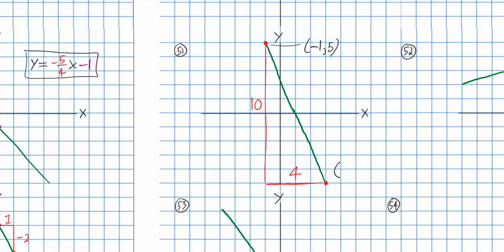And this point over here is 3, -5. I'm going to use this point. And this is going to be, that'd be a negative 10, I guess. Negative 10 over 4 x plus 1.